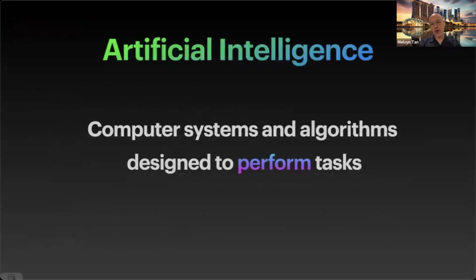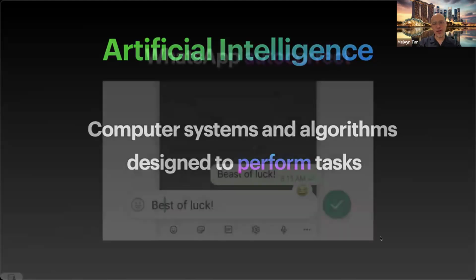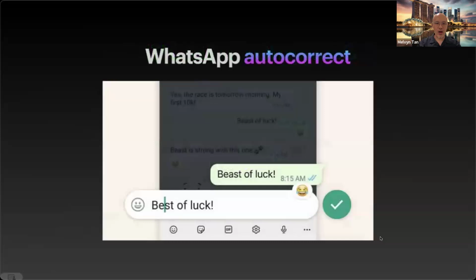Now, before we go into ChatGPT itself, it is important to understand what exactly is AI. In a very simple way, AI simply means a computer system or an algorithm designed to perform tasks. As an example, think about your WhatsApp autocorrect.